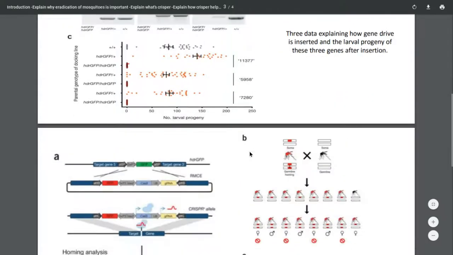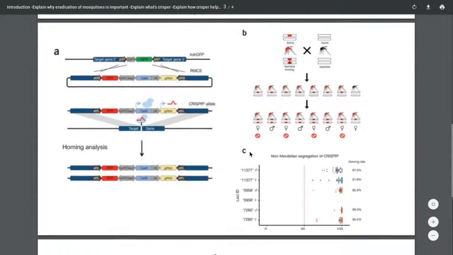In this A, as you can see, is where they insert Cas9. This is a red fluorescent protein. And when they insert the Cas9, it was able to replicate in other genes and become a homozygous pair.